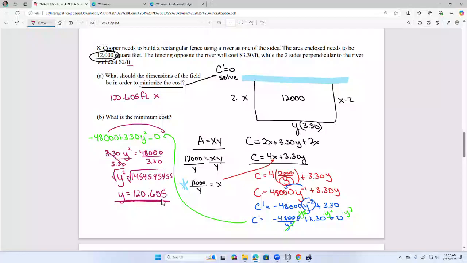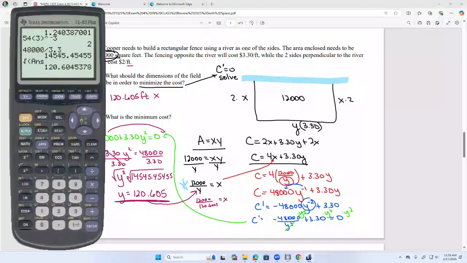So that's where I go back to where I put the star over here and plug it in to find what my x value is. 12,000 divided by 120.605, and I get 99.498 equals my x. So my dimensions that will minimize the cost is 120.605 feet by 99.498 feet.